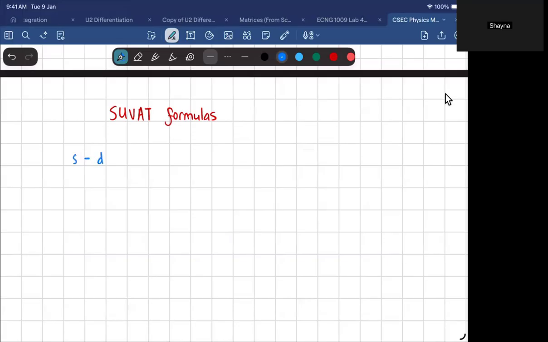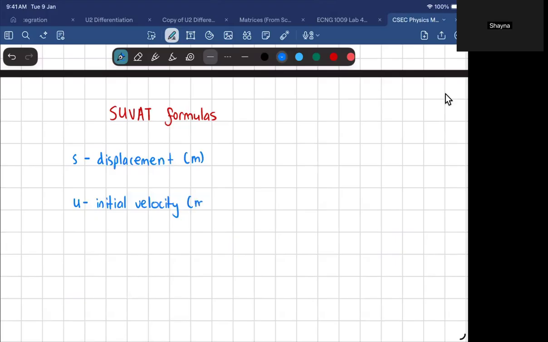Displacement. What do we measure displacement in? Meters. Just meters. What is U? The initial velocity. And what do we measure velocity in?